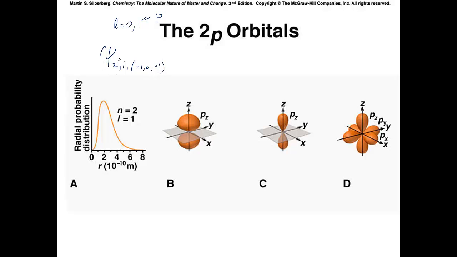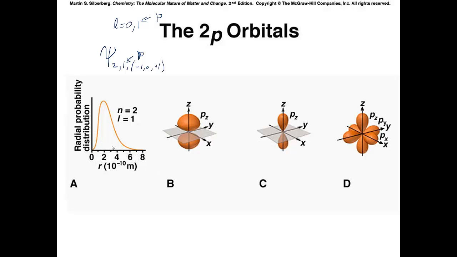And so we're going to have 3 different wave functions corresponding to these 3 different m sub L values. But these are all L equal 1 quantum number, and that means that these are what we call p-type orbitals. So L equals 1, our code is P. So here's a little picture of the radial distribution plot.